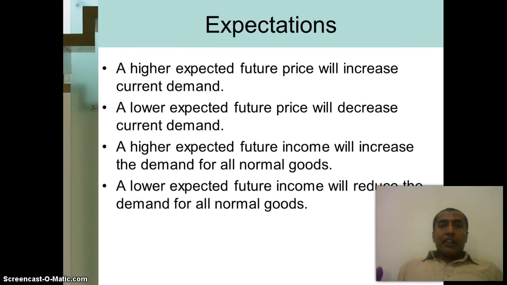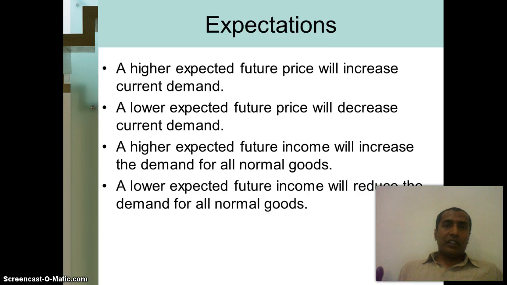Then expectations. Expectations also affect demand. For example, if you are willing to buy gold, and you expect that after one month the price of gold will go down, will you buy it today or after one month? Yes, after one month, because you expect prices to go down.